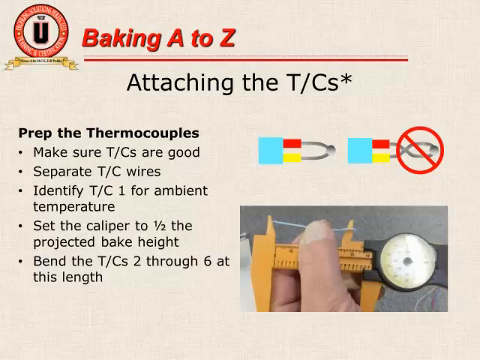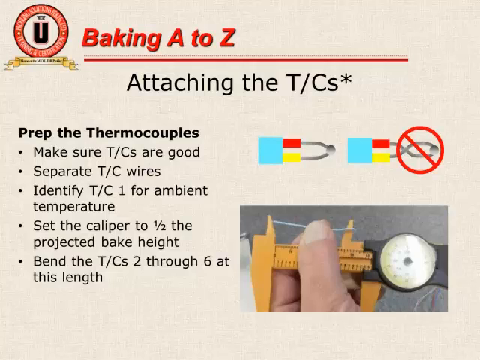If you expect your loaf to be 4.5 inches high when you're done, set your caliper for 2¼ inches. And then we're going to bend each of the channels 2 through 6, that's 5 thermocouples of course, at that 2¼ inches. That bend is your guide to how deep into the loaf you're going to insert it.